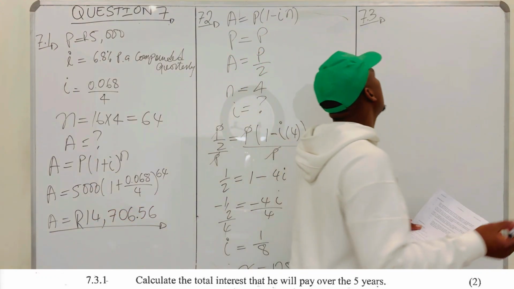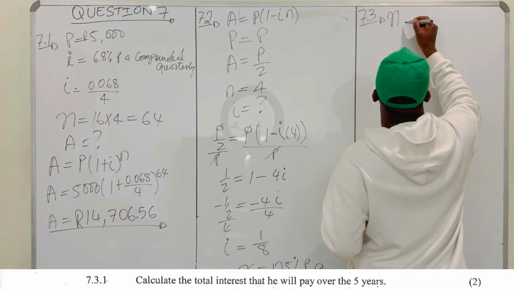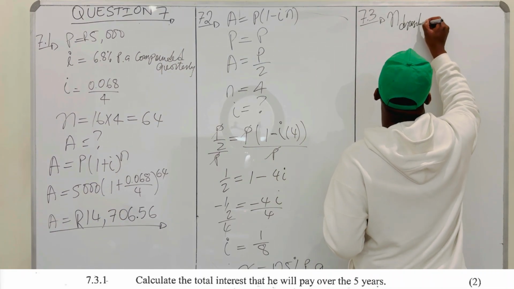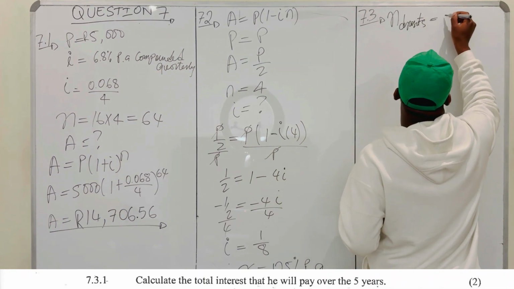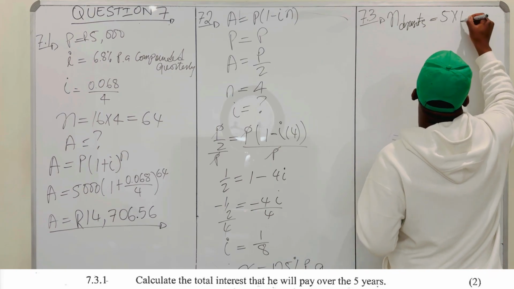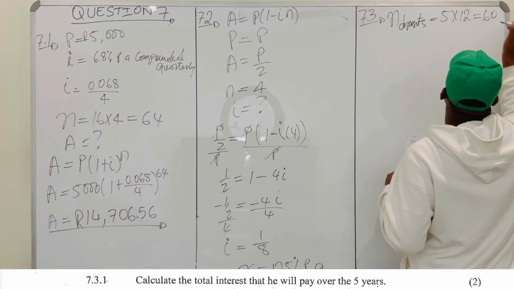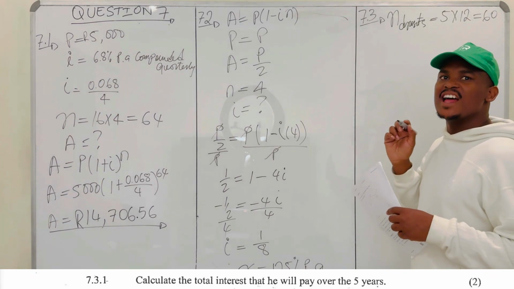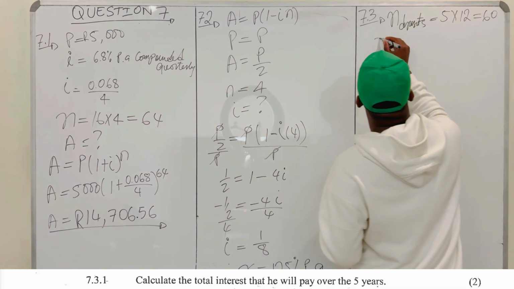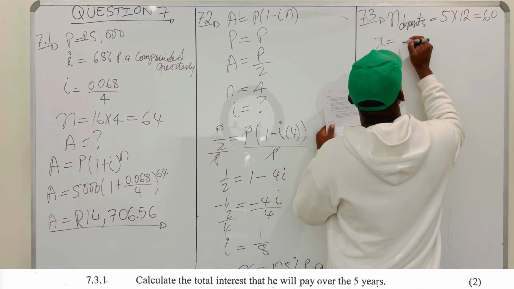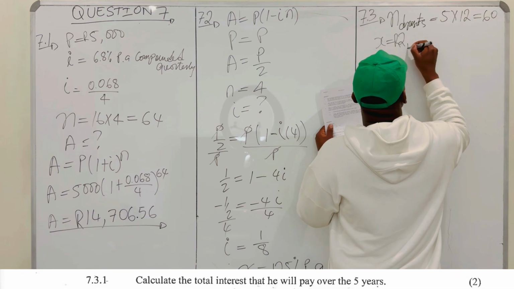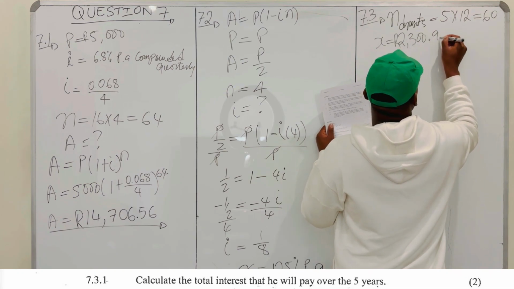Because we're saying now, the number of deposits will be over 5 years, and there will be 12 each year. So there will be 60 deposits. And the amount that he is paying each month is 2,398 rand.